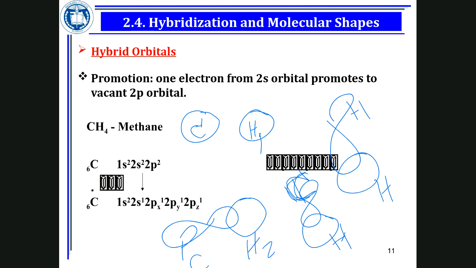So there is 1 bond here, 1 bond, 1 bond. 3 bonds are coming from s and p overlap, and 1 bond is coming from s and s.